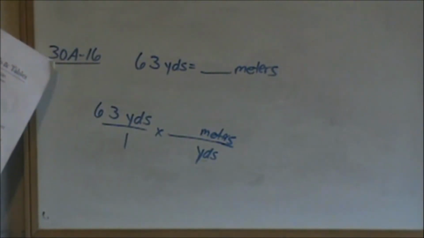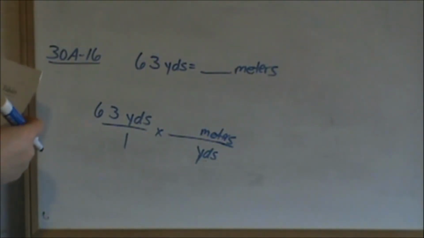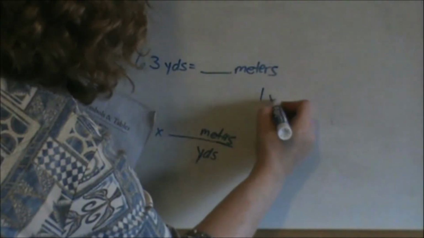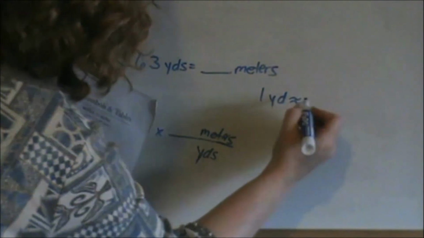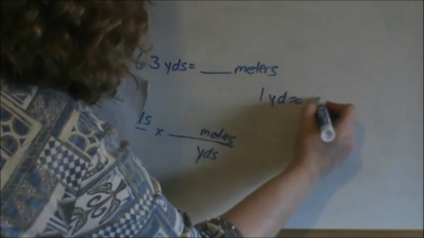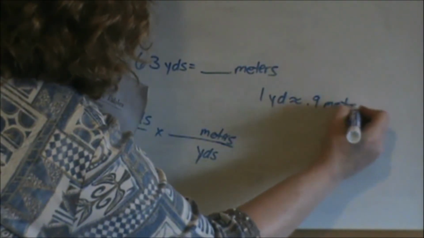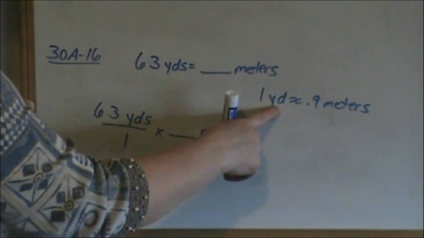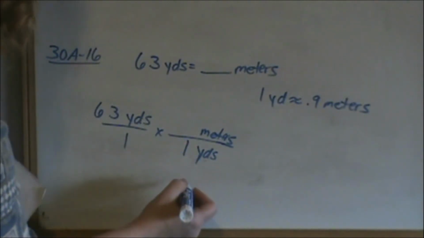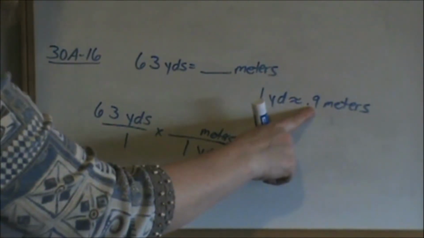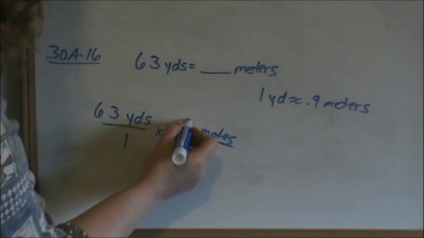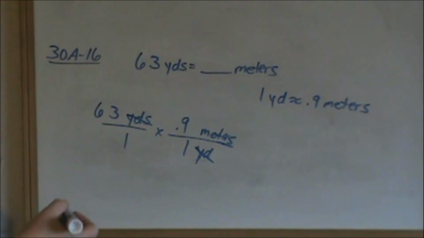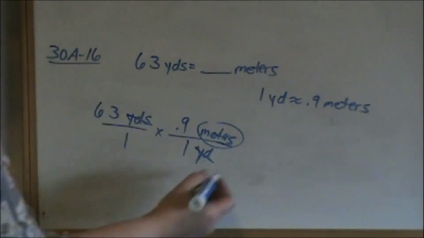I go to my conversion table and find something that has yards and meters. My conversion table tells me that 1 yard is approximately 0.9 meters. So my 1 goes with my yard, and my 0.9 goes with my meters. I see that my yards cancel, and I'm left with meters. That's what I want to be left with.